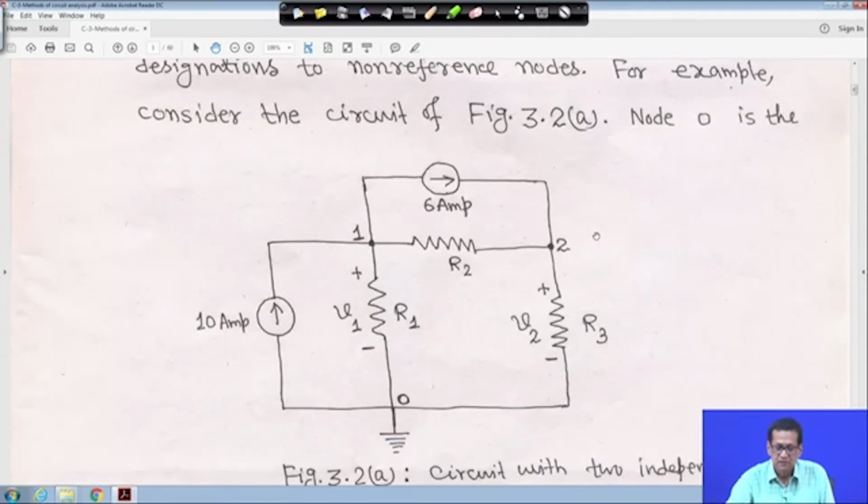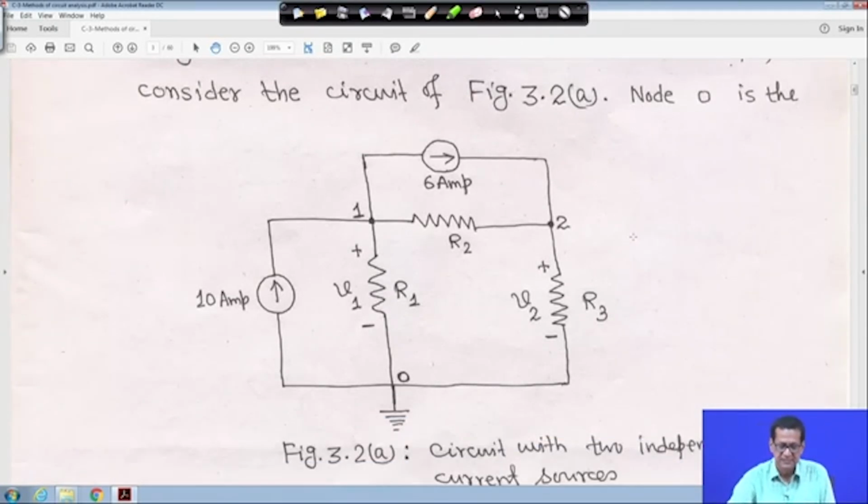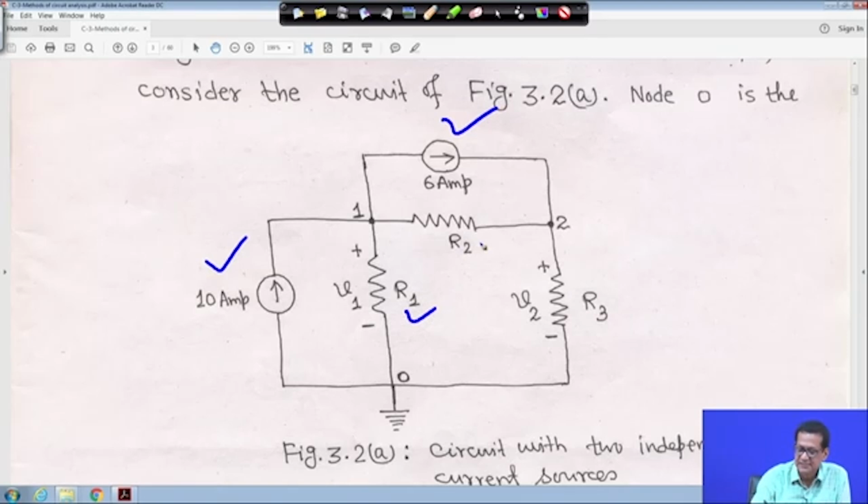take this circuit first. Here we have 2 current sources, one here and another here, and 3 resistors, R1, R2 and R3.